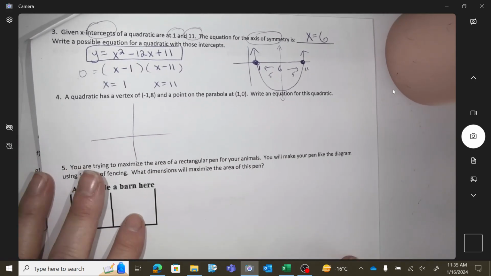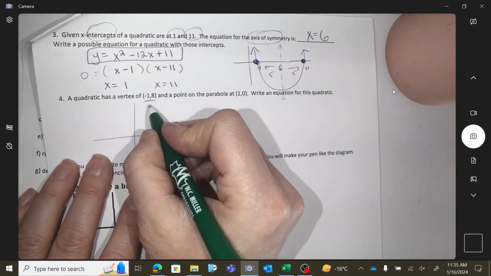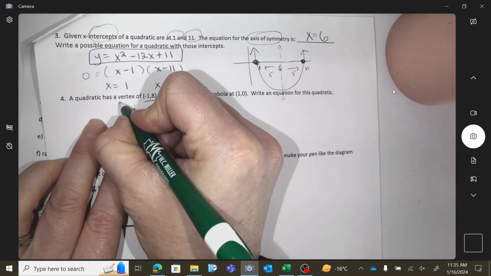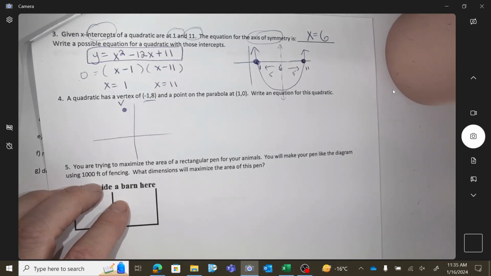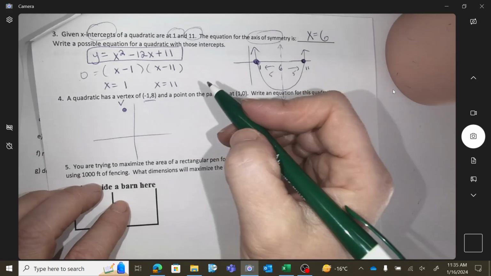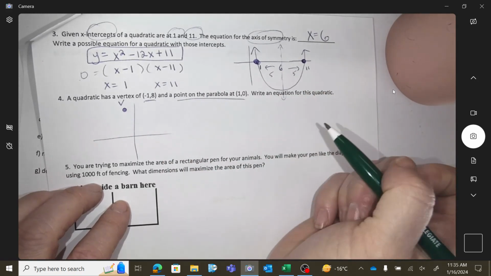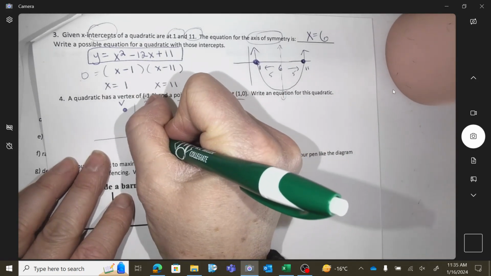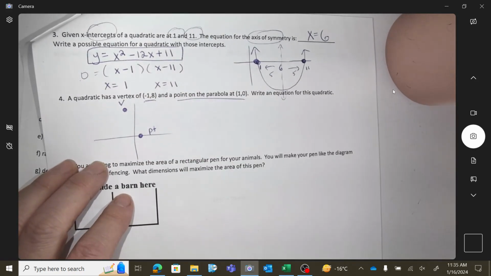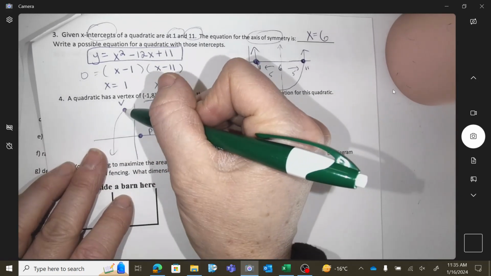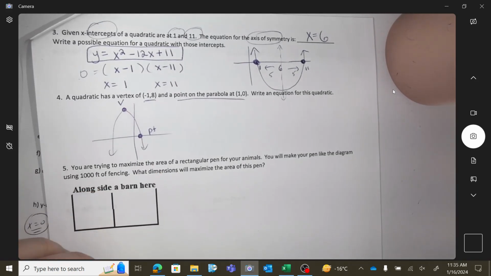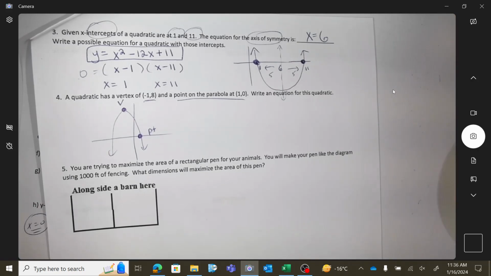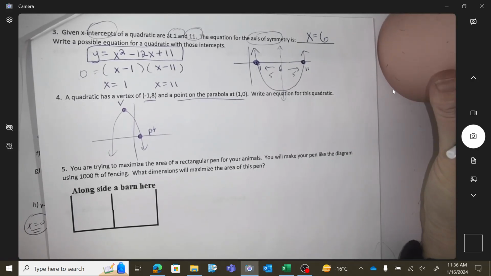Okay, so on this one, I had a vertex of -1, 8. And then there was just a coordinate of a point at 1, 0. So do you see what my parabola would kind of look like? Here's my vertex, here's the point. So my goal is to figure out the slope.